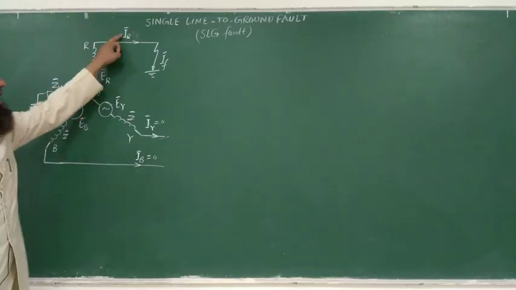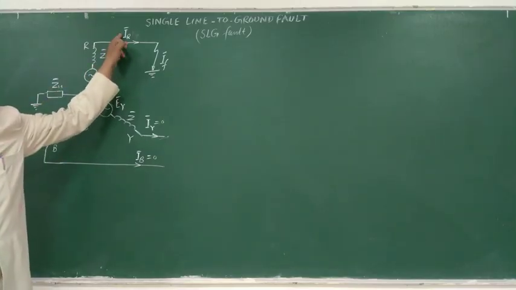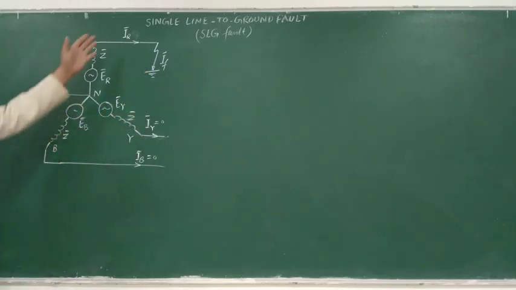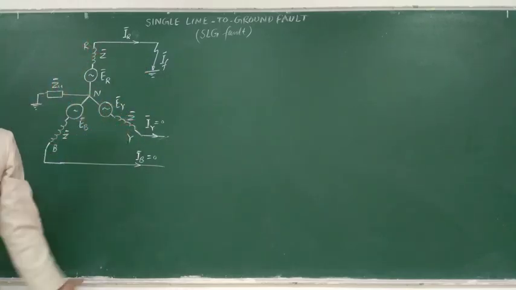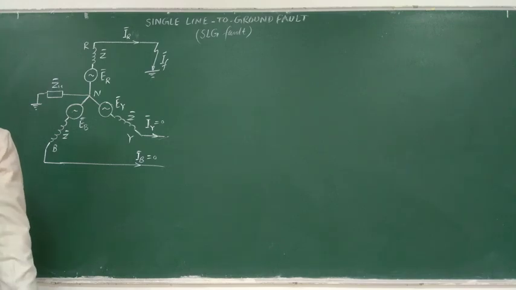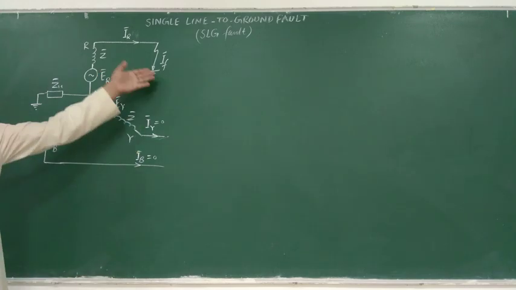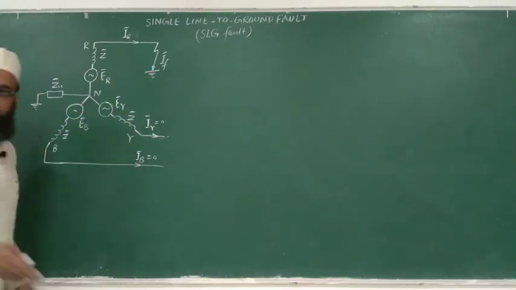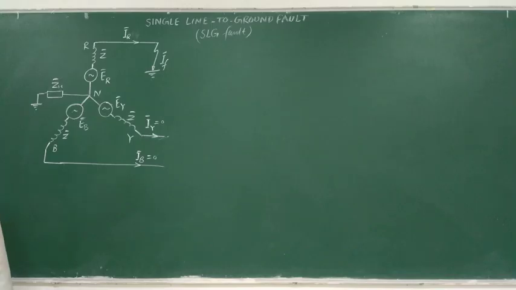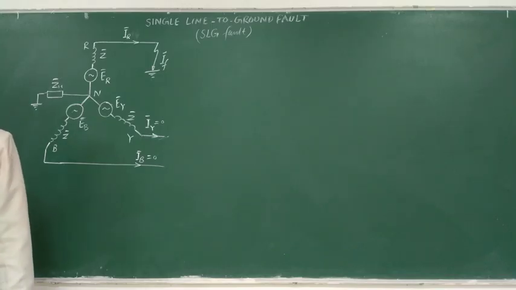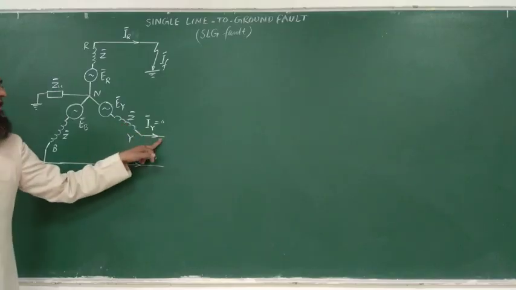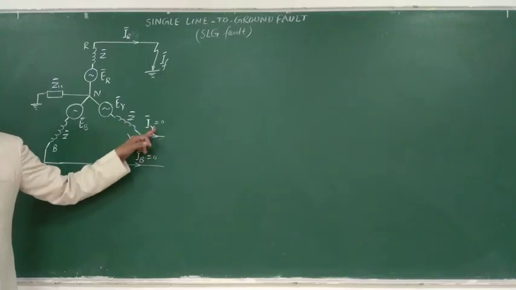So now IR is non-zero when fault has occurred, is not it? So IR, IY and IB, these three phases are no longer balanced. As you can observe, IR is IF, right? So it means all the three may have their three components: zero sequence component, positive sequence component and negative sequence component. Earlier, before the occurrence of fault, the currents in these two phases were zero.